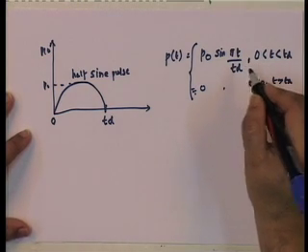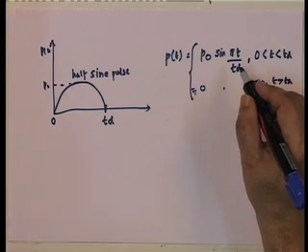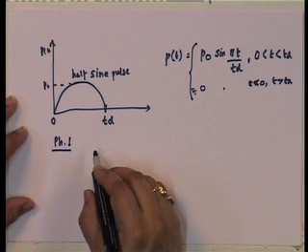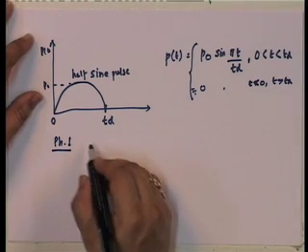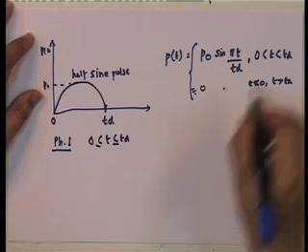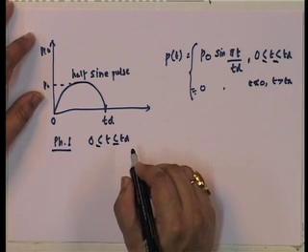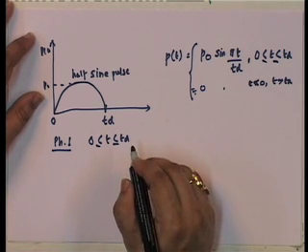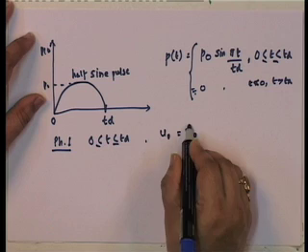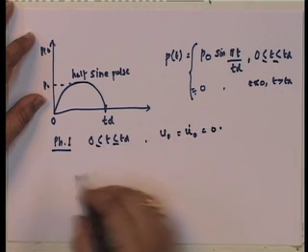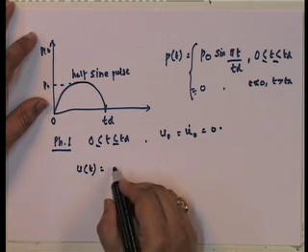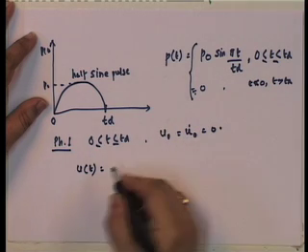Now how do I solve for this? Again I go through the same steps, solve the phase 1 solution, which is from 0 to T d. We have the rest initial conditions, u 0 is equal to u dot 0 is equal to 0, and therefore u of t is, again, I am solving the undamped problem.